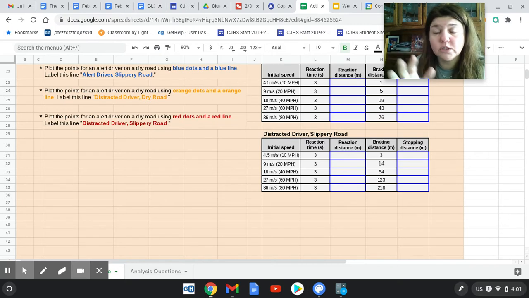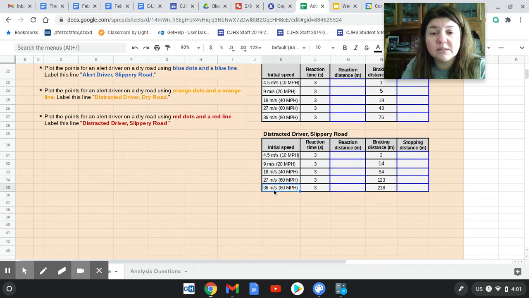So some sort of distraction on a slippery road. So it either has ice on it, and let's have them travel at a fast pace. So at 80 miles per hour. So maybe they're in a rush and they're on the bypass, and so they're speeding on the bypass.